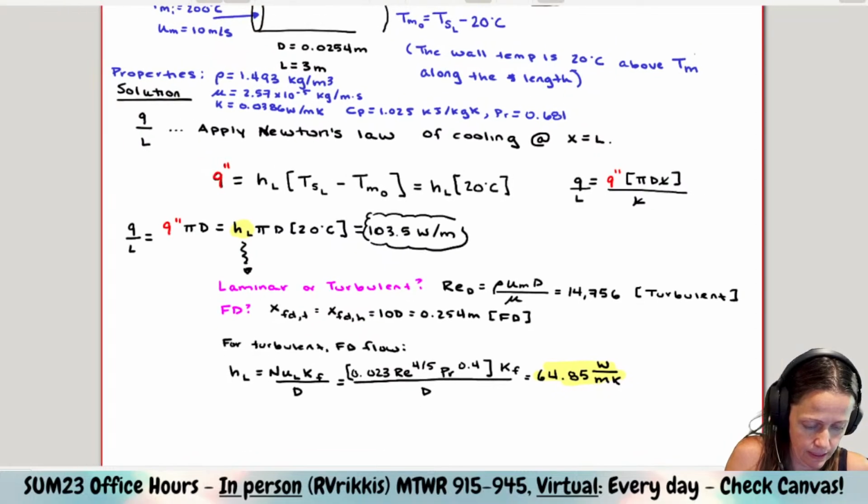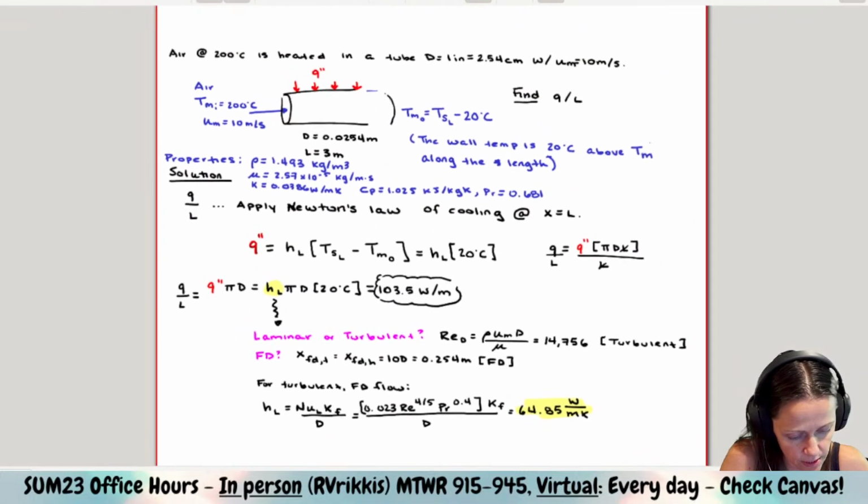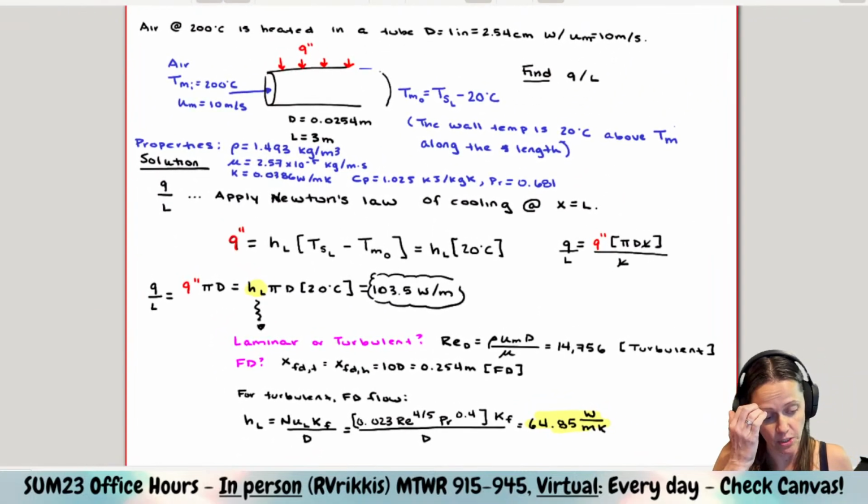I'll scroll out just a little bit in case you wanted to get a screenshot of that. All right, so that's all I got. Like I said, I'm going to add another page of just conversion factors, just in case you feel like you need it.